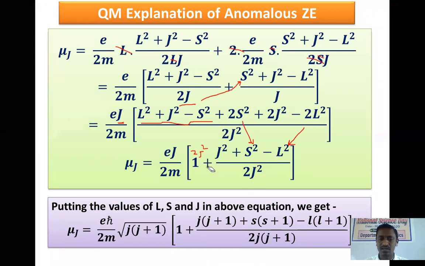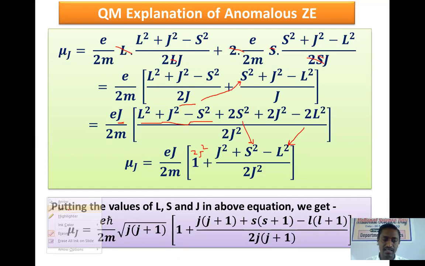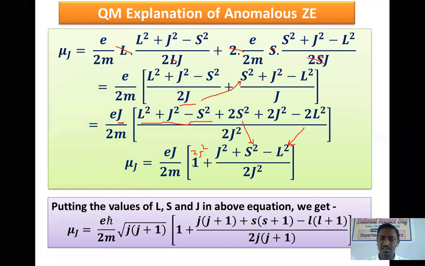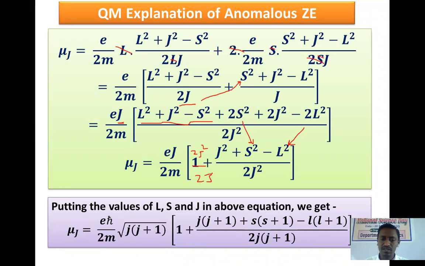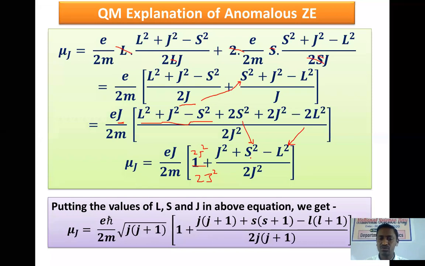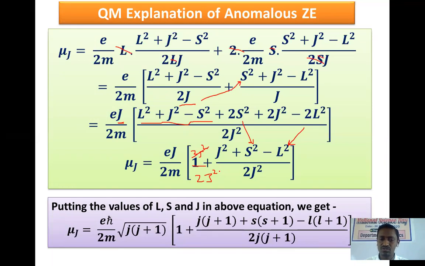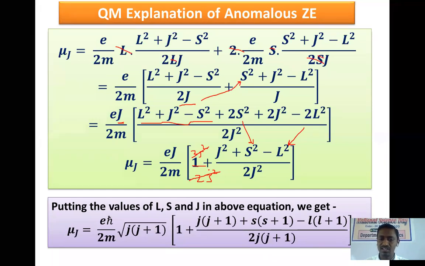upon twice j square. Here we have separated the denominator, therefore we can write this equation as 2j square divided by 2j square plus j square plus s square minus L square upon 2j square. These 2j square from the numerator and 2j square from the denominator cancel each other, therefore only one remains here.